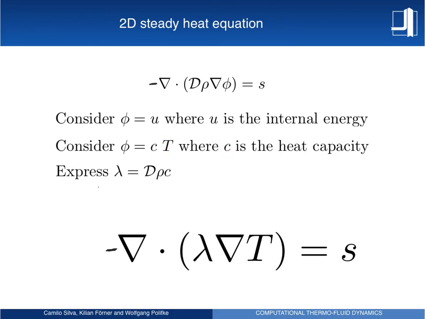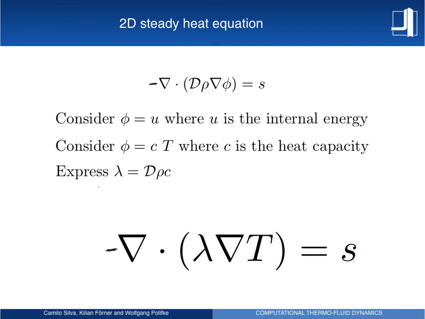So we will have here C T, and this C is going to go out of the spatial operator because the heat capacity is considered constant in space, and then we can express the definition of the heat conductivity, which is nothing but thermal diffusivity times density times heat capacity, and we end up with the heat equation.